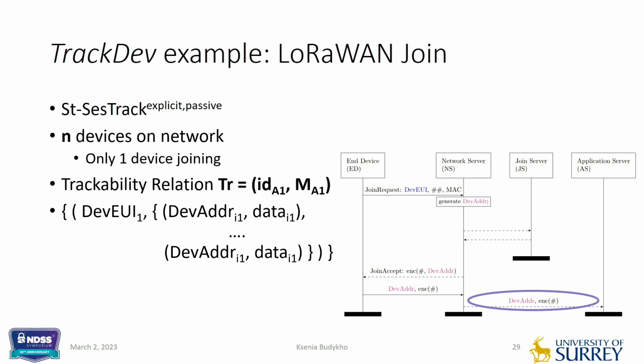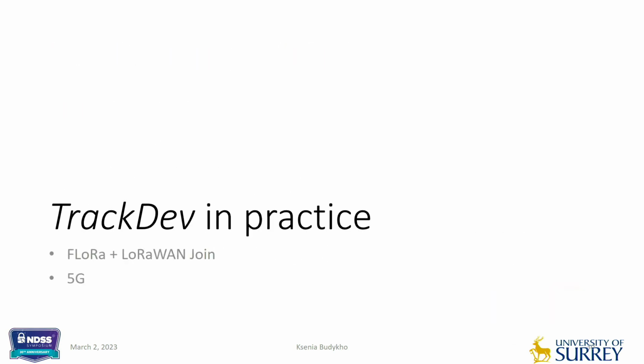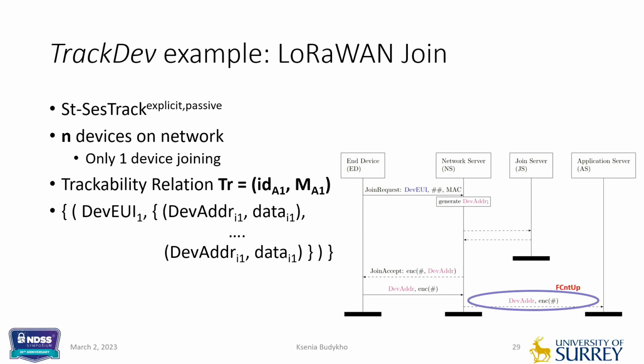They then also see an application level message with the temporary identifier. However, this message is even further identifiable because it has a frame counter of 0, while all the other devices would not have it at 0 because they've already been communicating on the network. So the attacker now knows the DevAddr and can thus use it to track the rest of the messages for this session for that device.